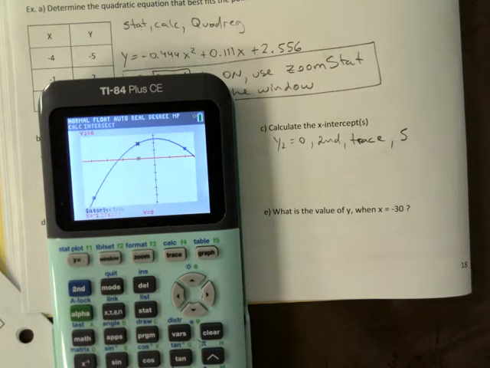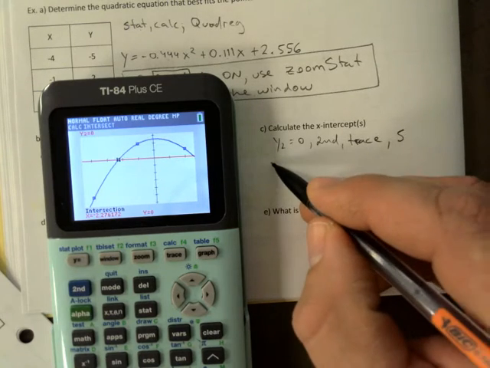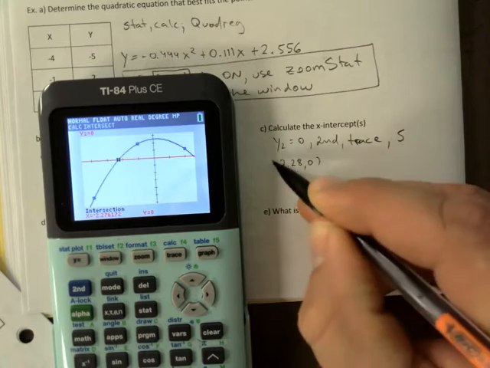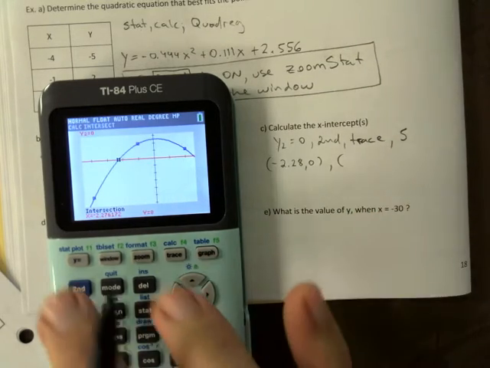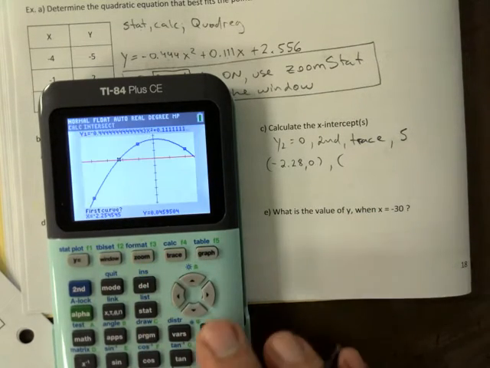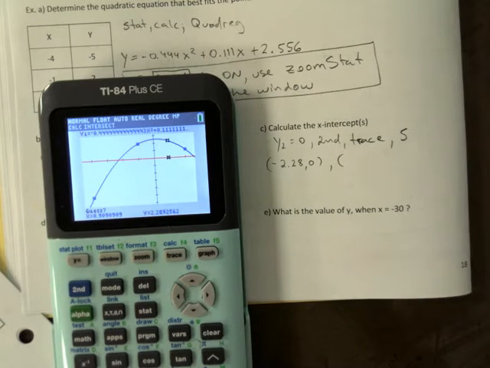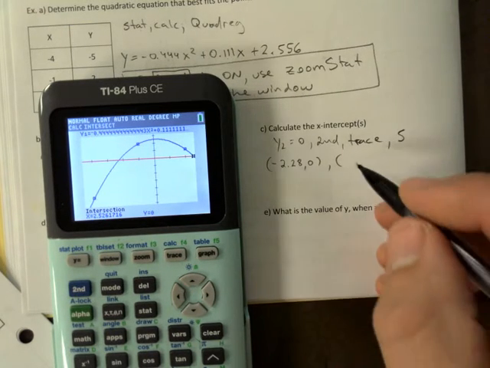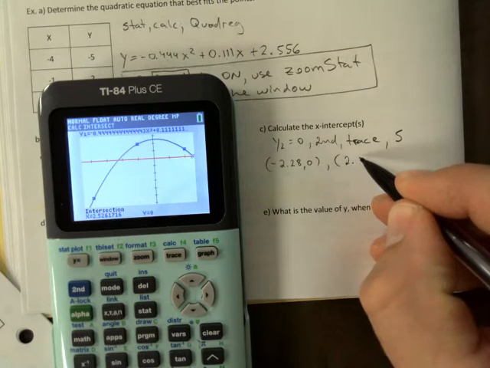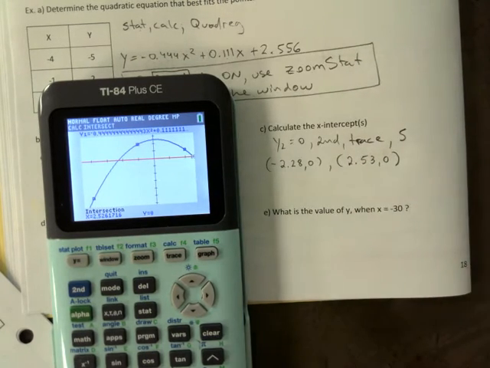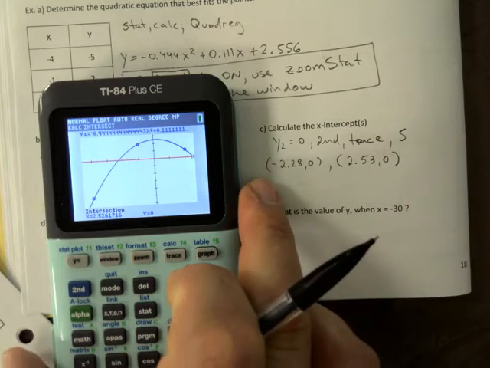And I'm going to find the left intersect there, negative 2.280. And let's see if the other one works. I'm not sure if it's going to work. I think it's on, yeah, it's inside the window, so it'll be fine. Enter, enter, enter. And that one is 2.530.